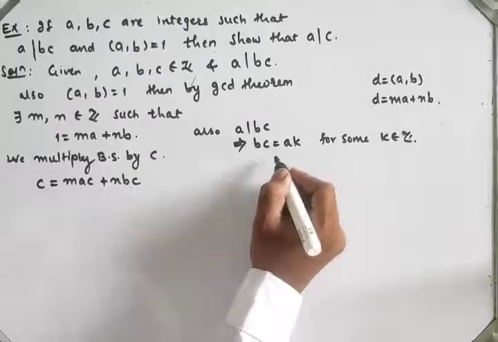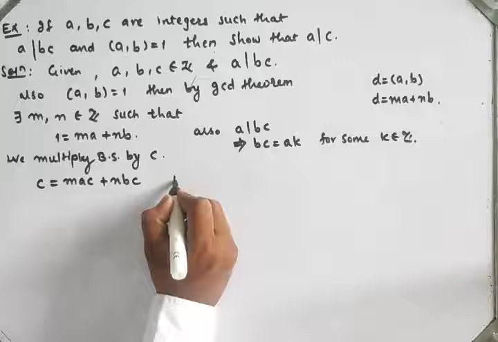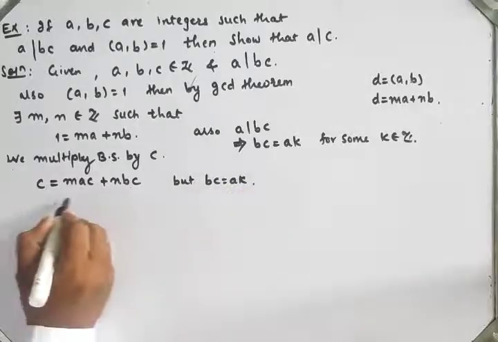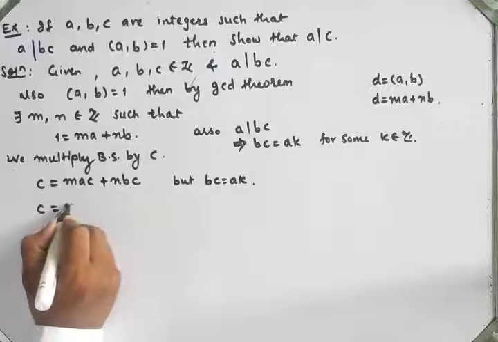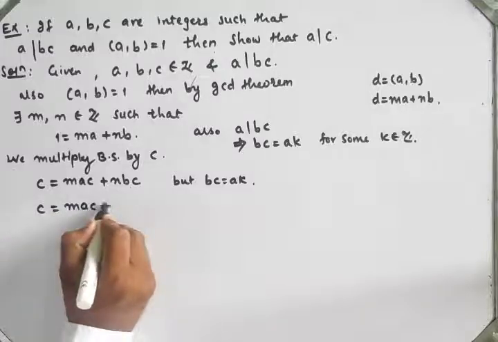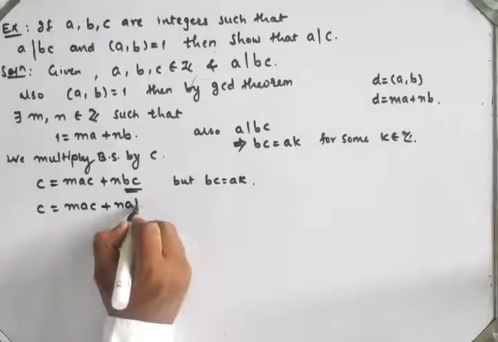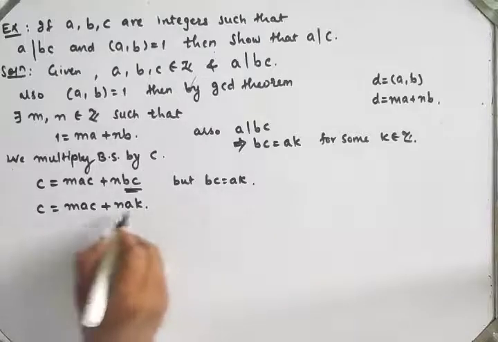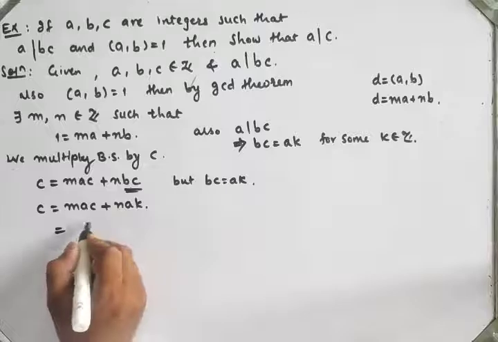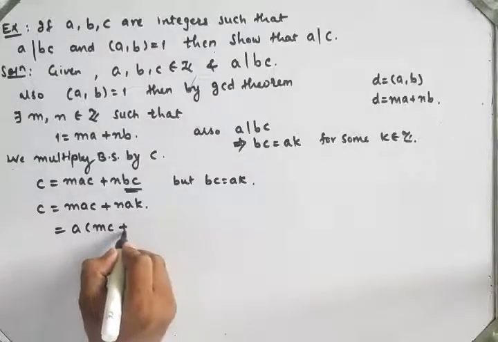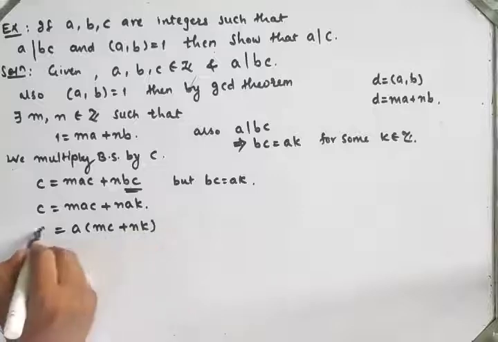So the value of bc is a into k, since b into c is equal to a into k. So in this equation, what do we get? c is equal to mac plus n into, the value of bc is a into k, so n into k. So I will take a as common in this equation. So I get a into mc plus nk. So c is equal to this.